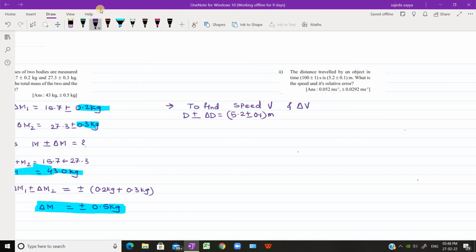What else is given is the time. So let us assume time as t plus or minus delta t, where delta t is the error in the measurement of time. So it is 100 plus or minus 1, which will be in seconds.